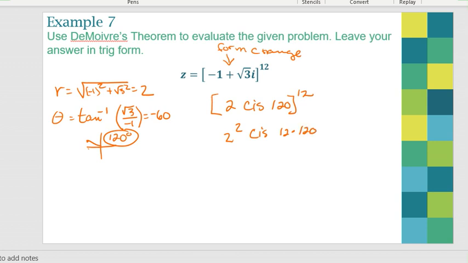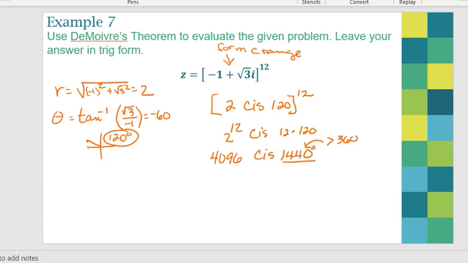This is where 12 times 120 might be a little nicer to see it in radians, but I've already started, so I'm going to finish. So 2 to the 12th power is 4,096. From memory, we did it yesterday 3 times. And this is 1440 on the degrees. Well, there's a problem with this. This number is greater than 360. So I have to subtract off 360 until it's not greater than 360.